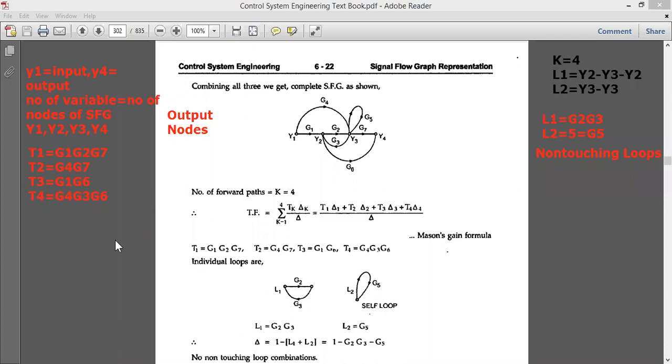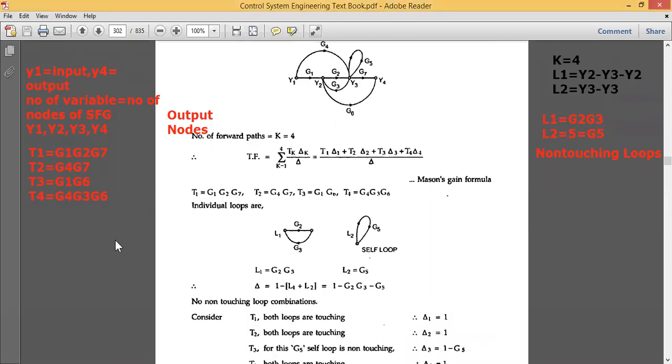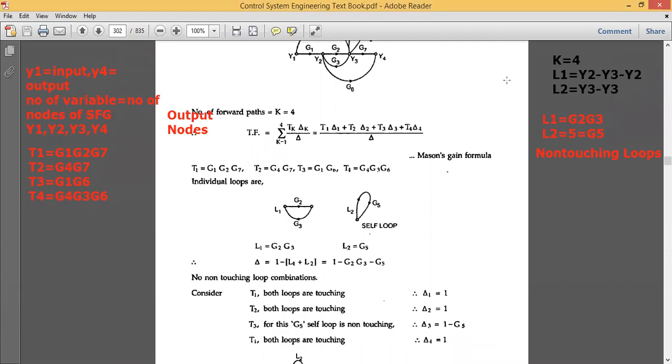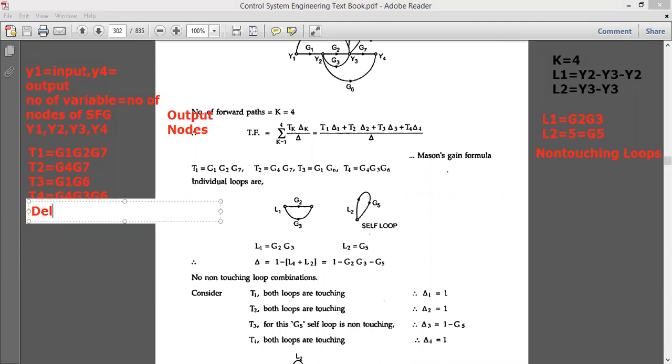So how many do we have? We have 4 forward paths, and the value of K is equal to 4, so you will end up with 4 delta functions. Let us represent these: we need to find the value of delta 1, delta 2, delta 3 and delta 4.